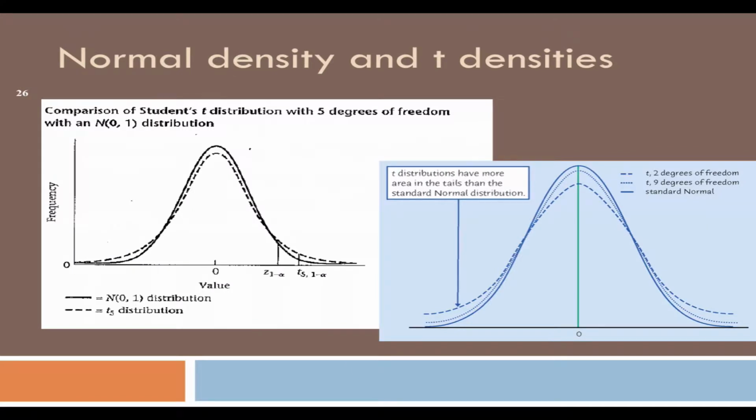Okay, so the normal density and t-density: if the degrees of freedom of a t-distribution is small, it is more different from a normal distribution, with heavier tails. If the degrees of freedom is large enough, it is essentially identical to a normal distribution.